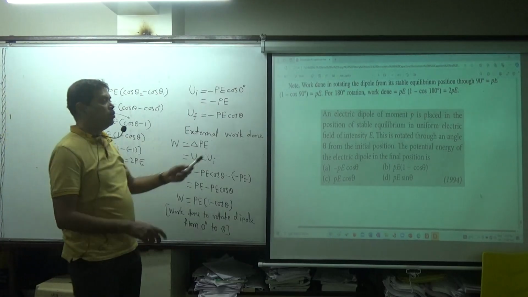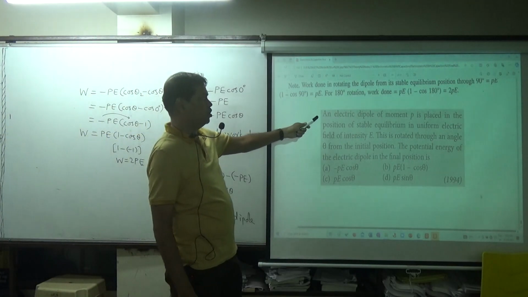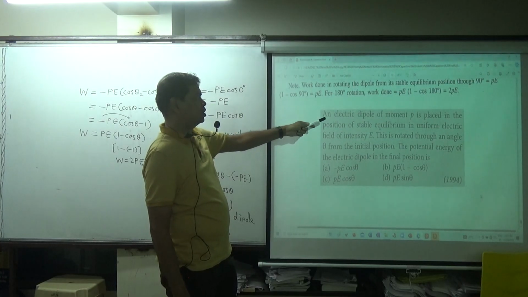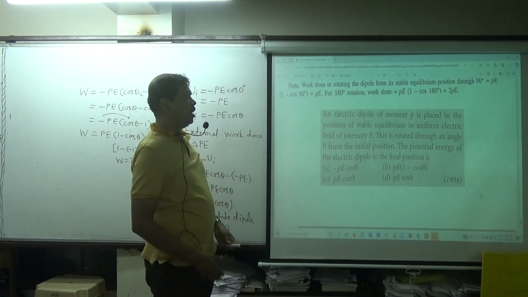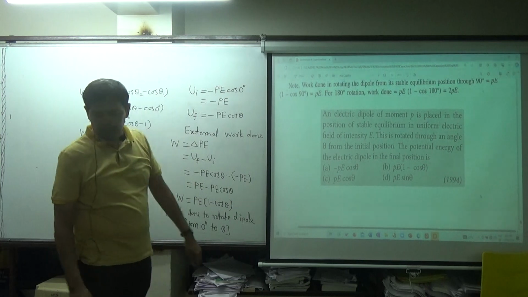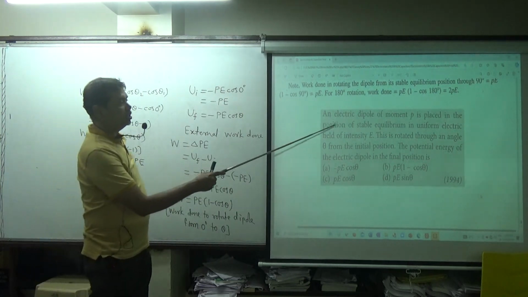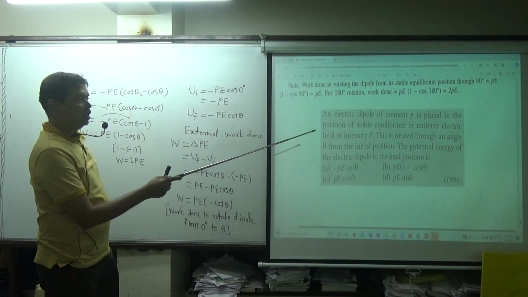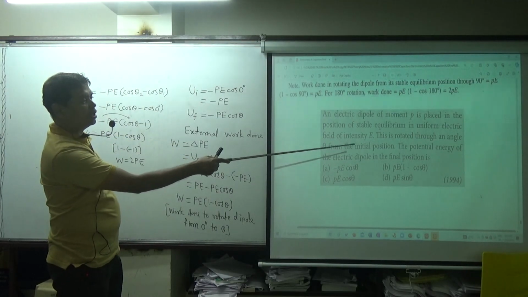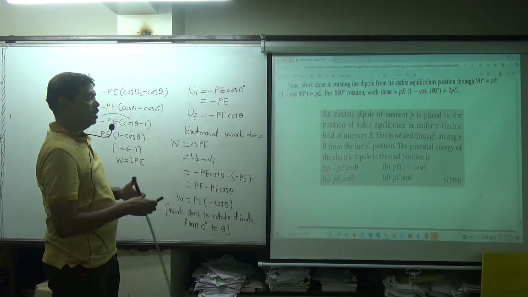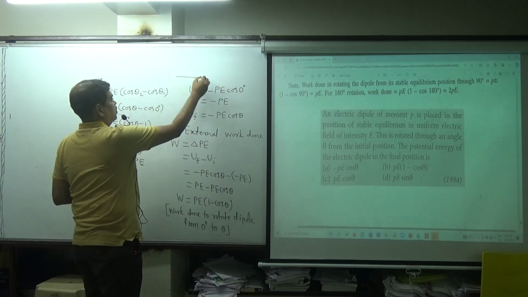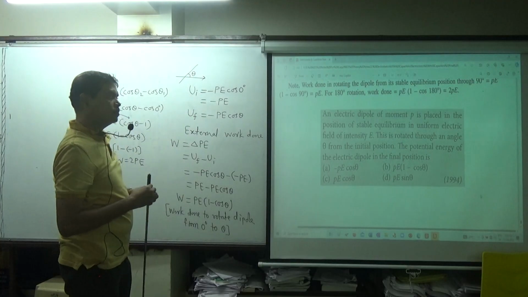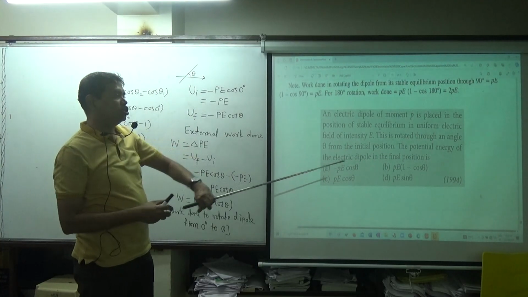And specifically I have taken this question over here because it creates a confusion in the minds of students. An electric dipole of moment P is placed in the position of stable equilibrium initially in uniform electric field of intensity E, and is rotated through angle theta from the initial position.